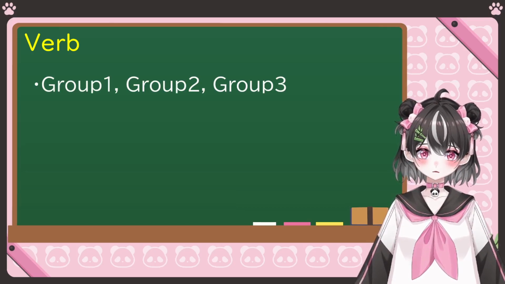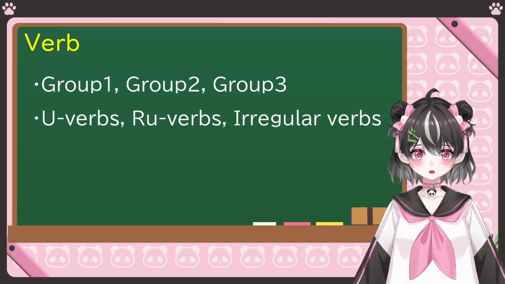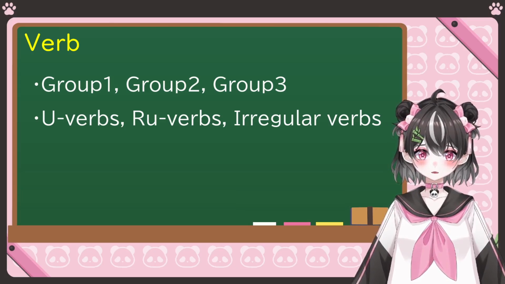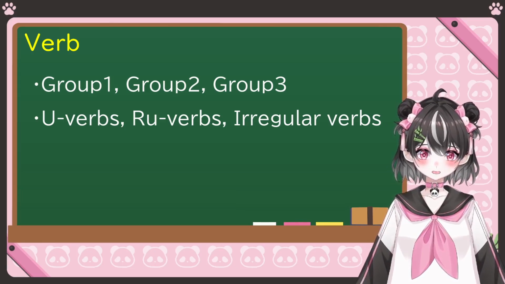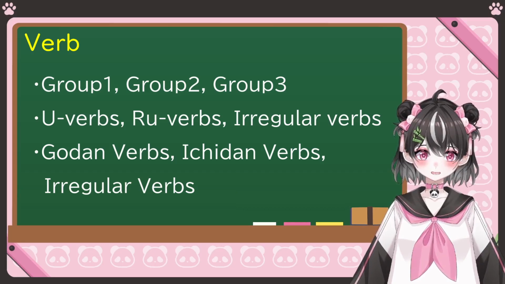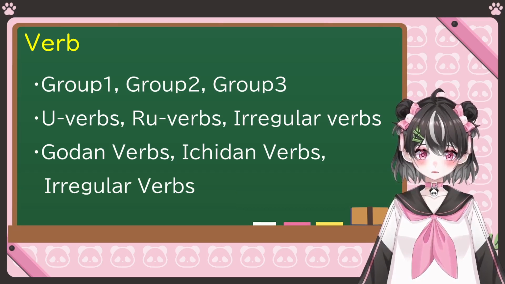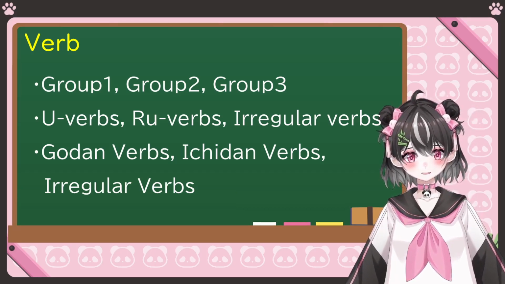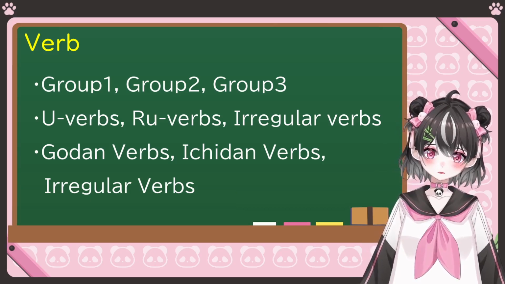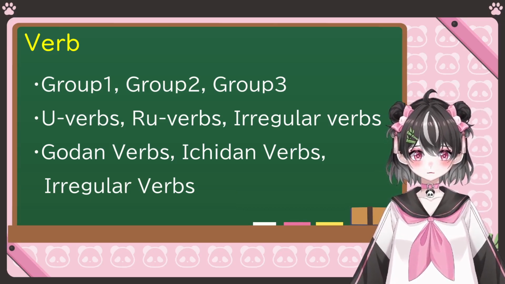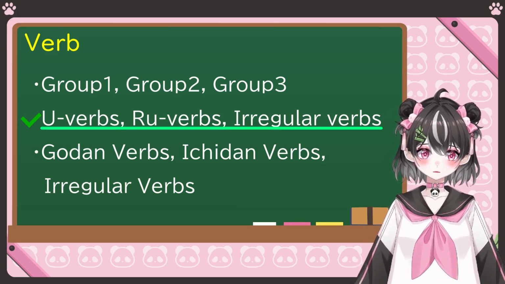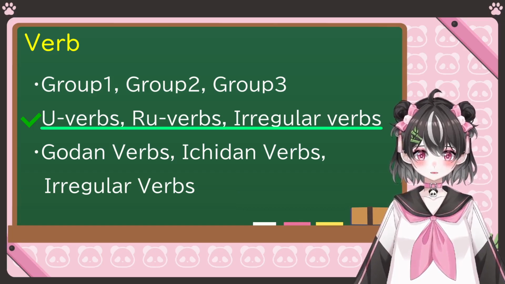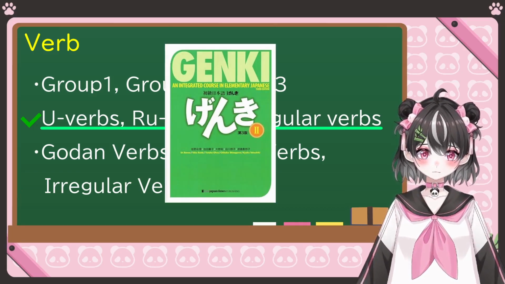Like Group 1, 2, 3. U verbs, root verbs, irregular verbs, and 5段 verbs, 1段 verbs, irregular verbs. I wasn't sure which names to use, but I decided to go with U verbs, root verbs, and irregular verbs, as a famous textbook, Genki, uses them.